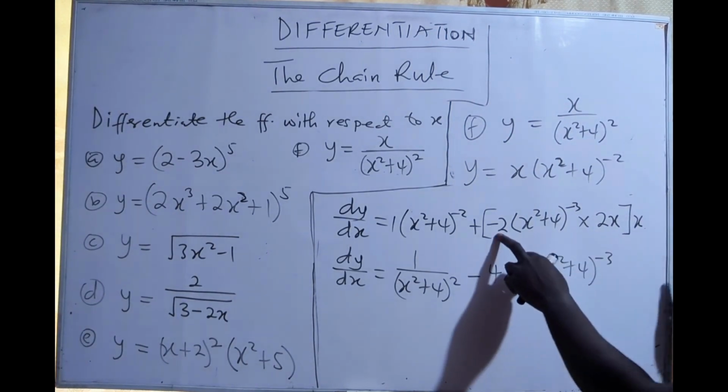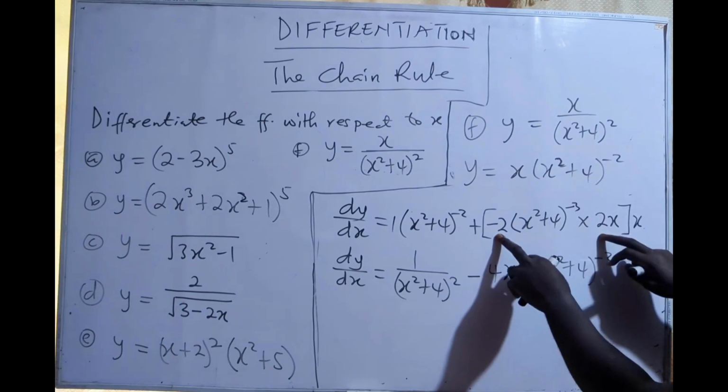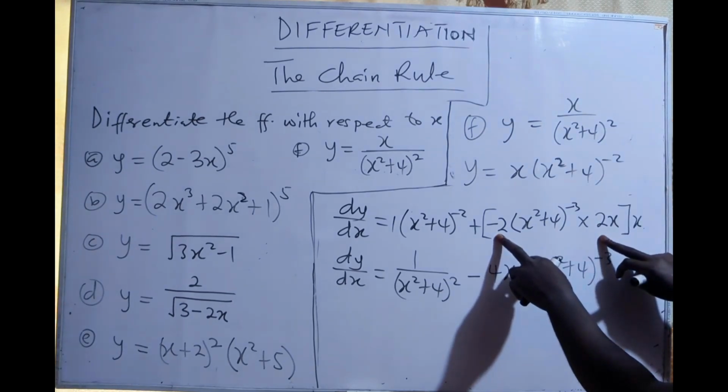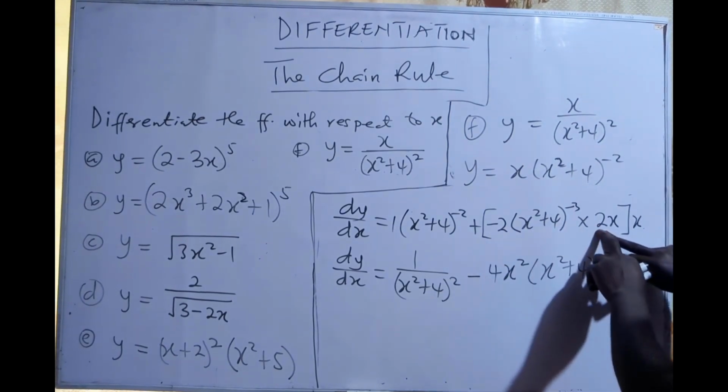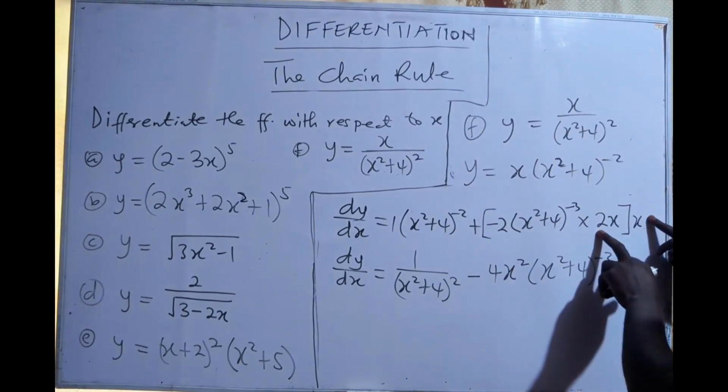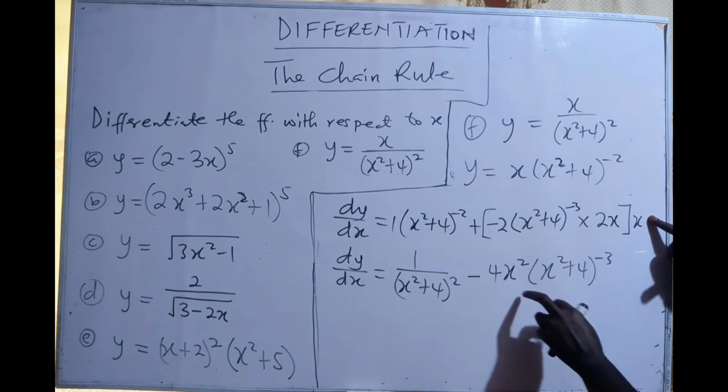So negative 2 times 2 gives negative 4, and negative 4x times x gives negative 4x squared.